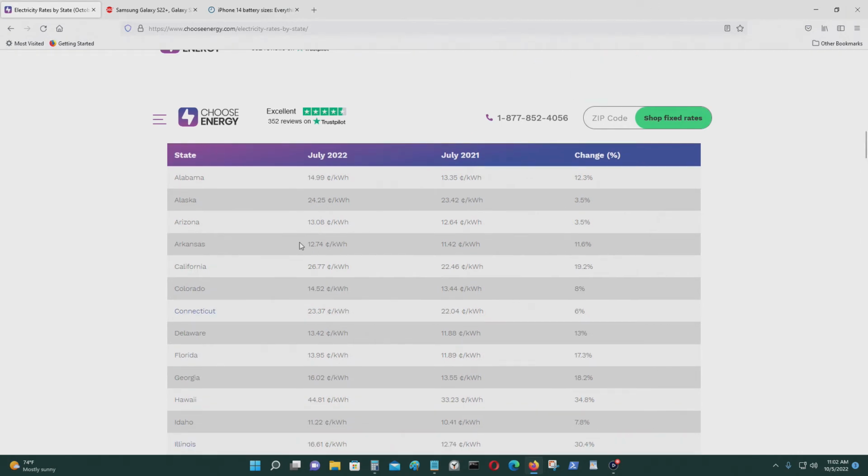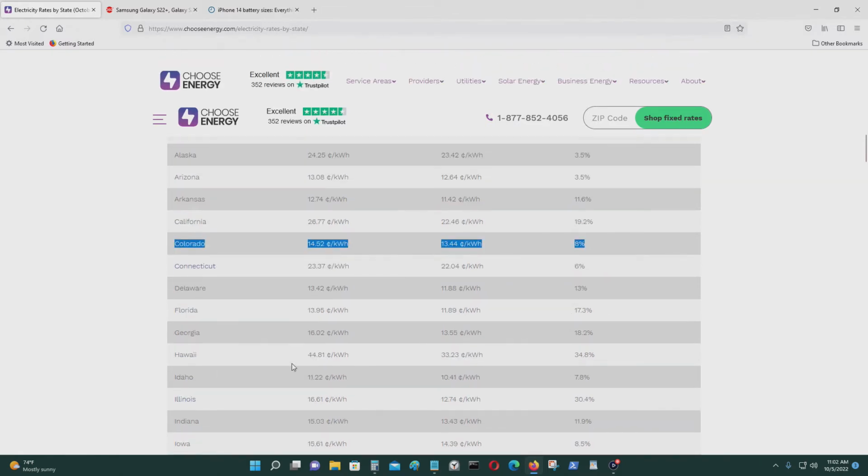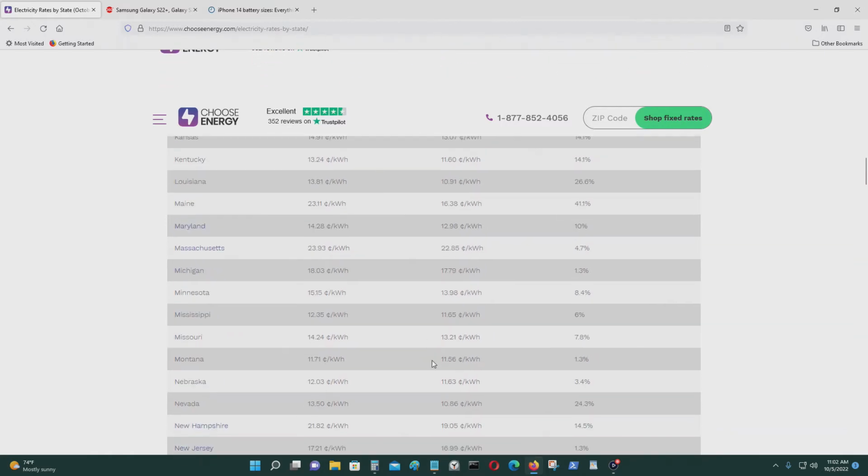So I live in California. I pay about, I think this information is a little bit dated, right now it's October 2022, the last time I checked, it was 24 cents per kilowatt hour for electricity. The most expensive state for electricity is Hawaii at 44.81 cents per 1,000 watt hours, or kilowatt hour.